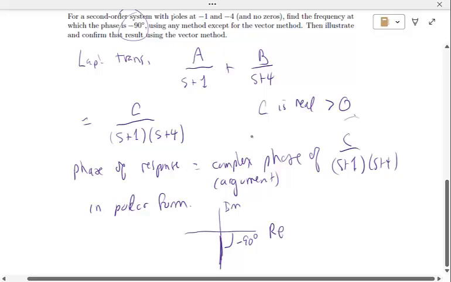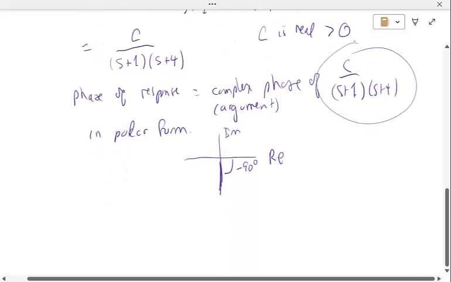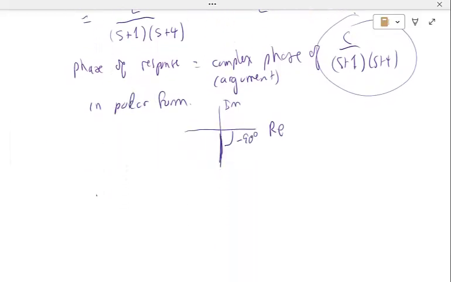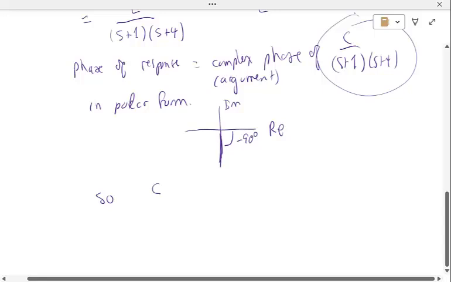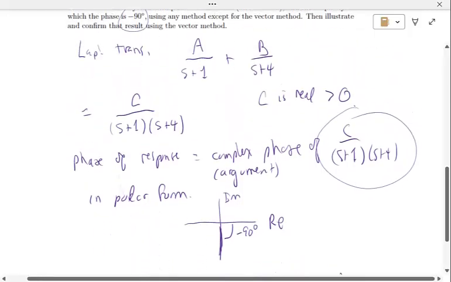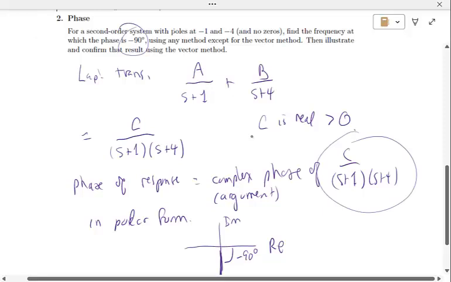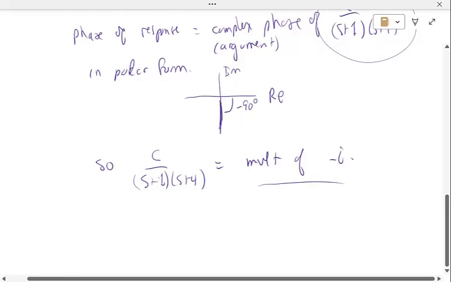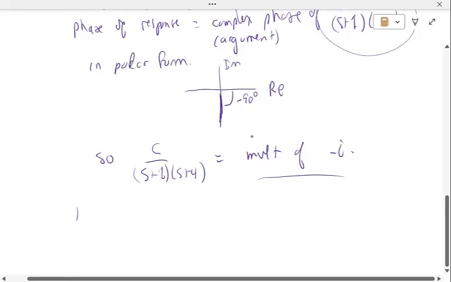So that means that this function must be equal to some multiple of minus i. Okay. Now remember, we're talking about frequency response. So if we have to do frequency, we'll also have to replace the s with j omega.